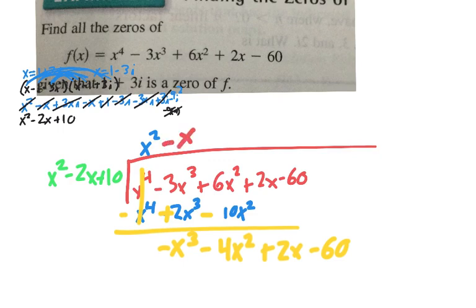Negative x times x squared is negative x cubed. They match, so I've done my job. Negative x times negative 2x is positive 2x squared. Negative x times 10 is negative 10x.